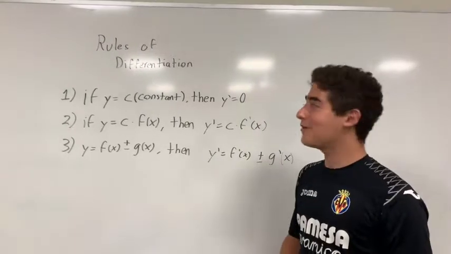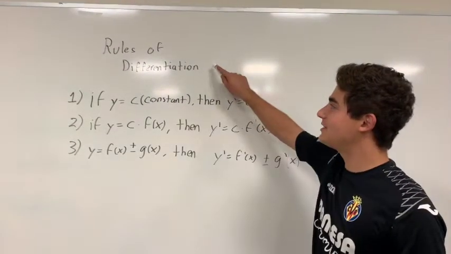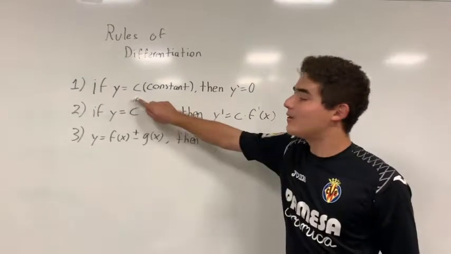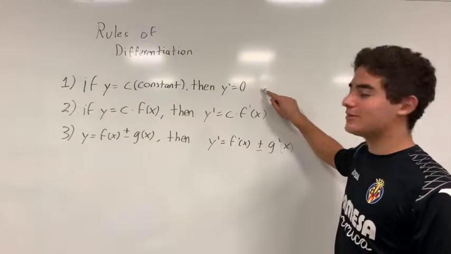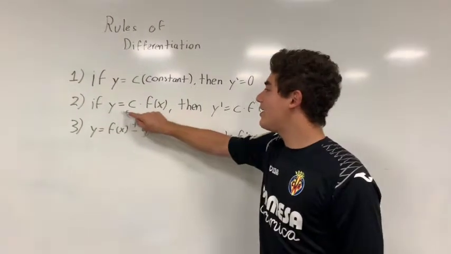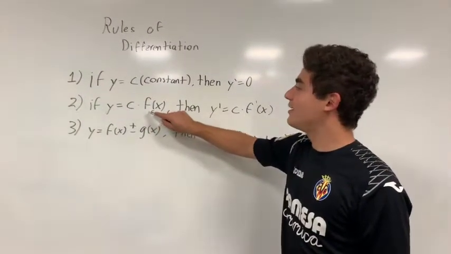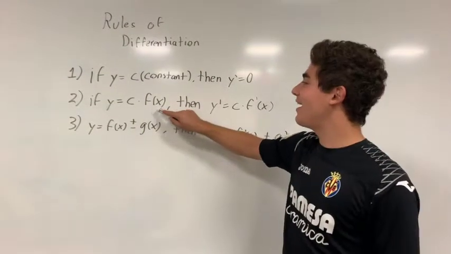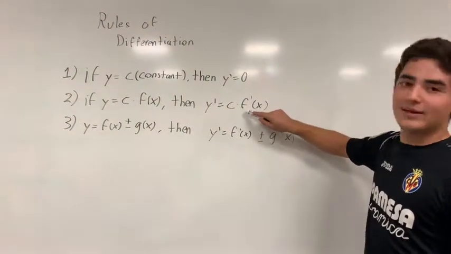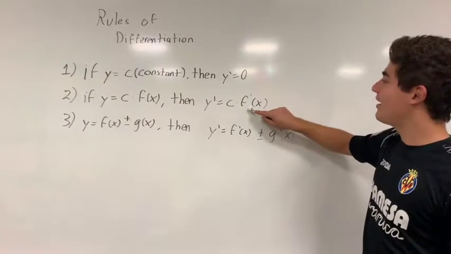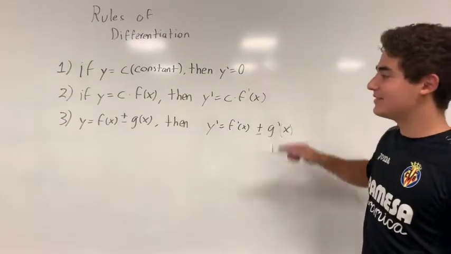For the next problem, we need to know the rules of differentiation. If y equals a constant, then y prime equals 0. If y equals a constant times f of x, then y prime equals the constant times f prime of x.